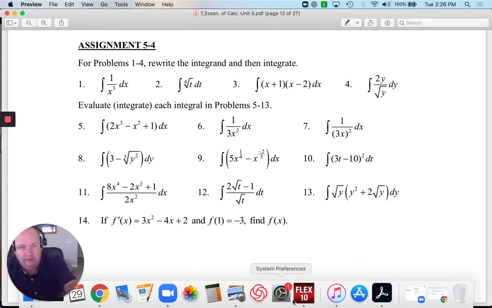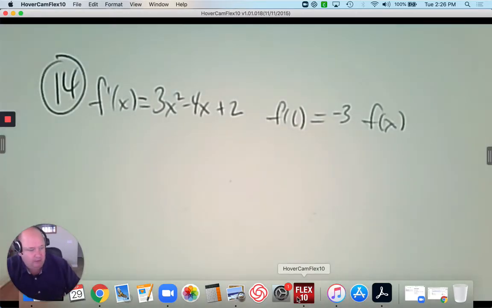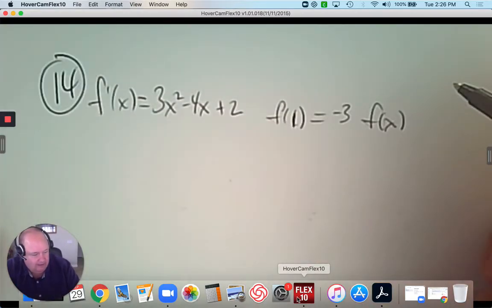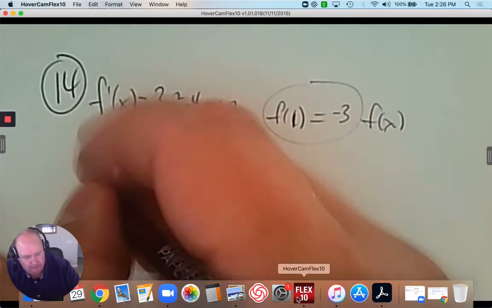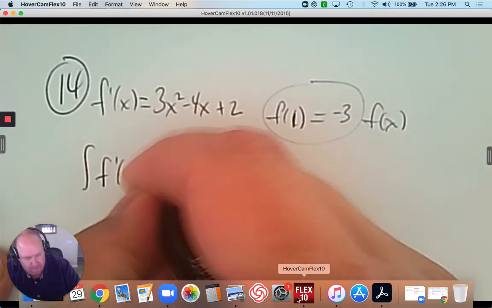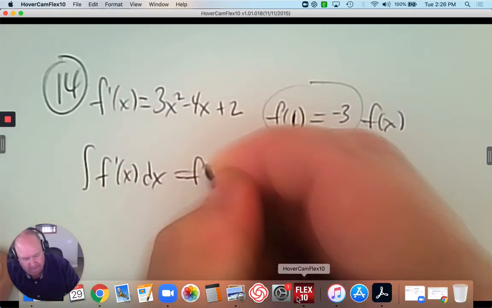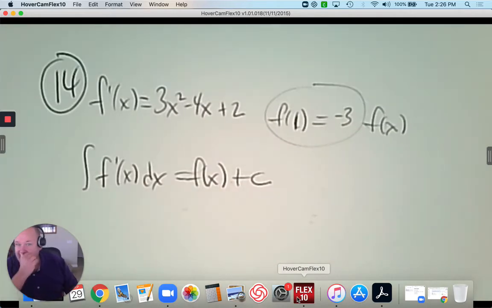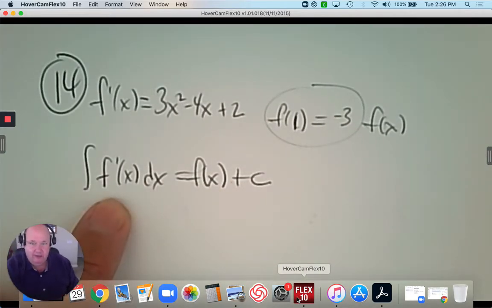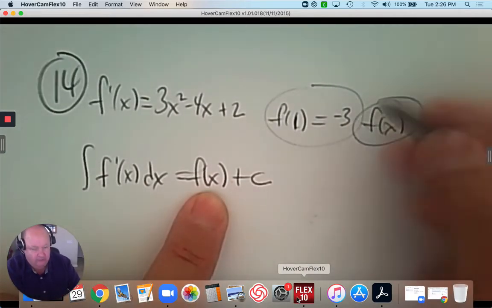So let's do this together here. We have a value to find the constant, right? If I integrate the derivative, I just get f at x plus the constant. So just be aware of that. When you integrate a derivative, that's where you get your function that you're looking for.